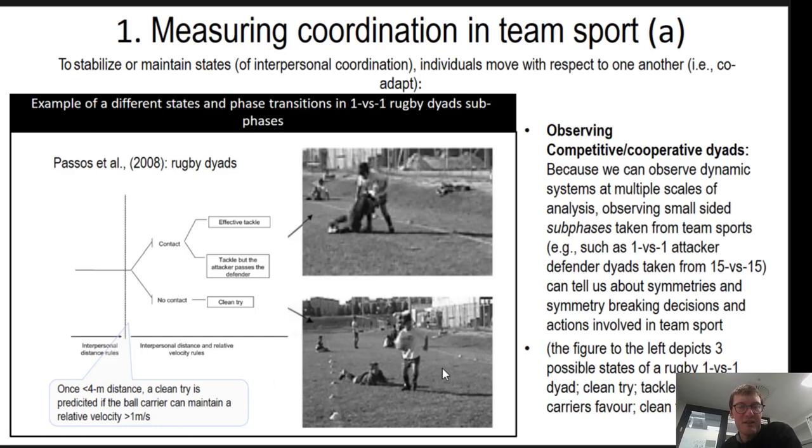So a positive relative velocity relative to your opponent shows that you're moving faster than they are by 1 meter per second, irrespective of what direction.